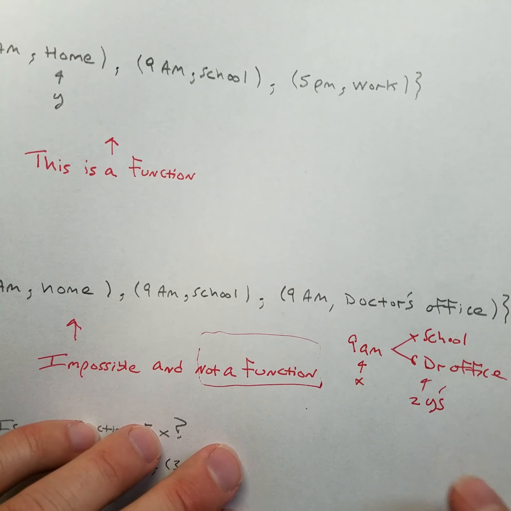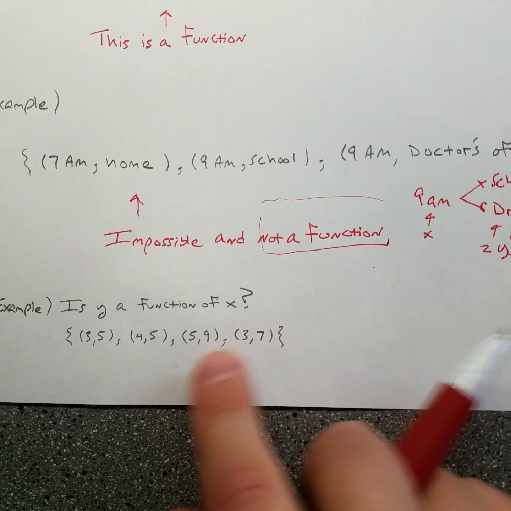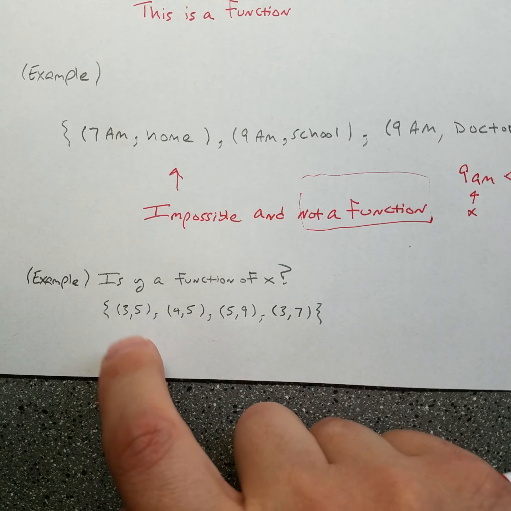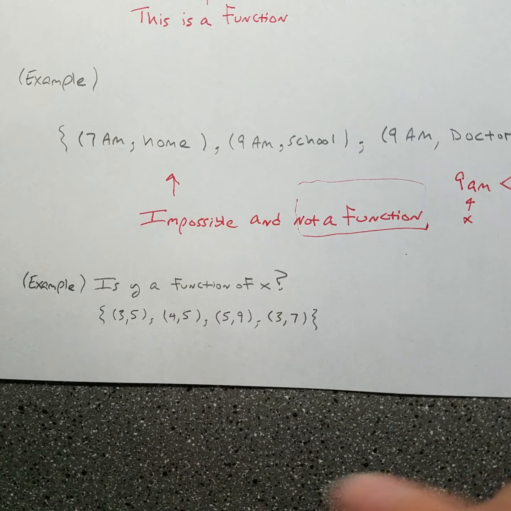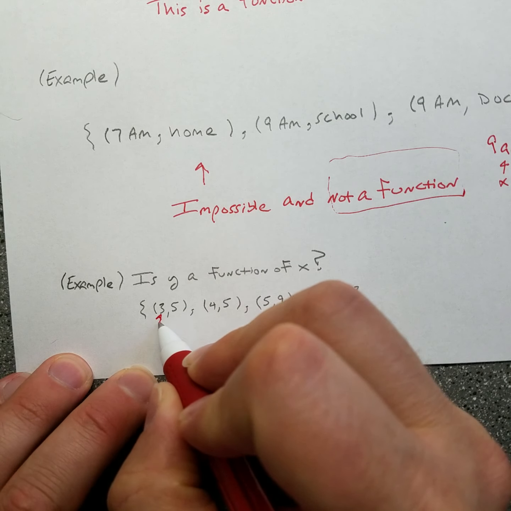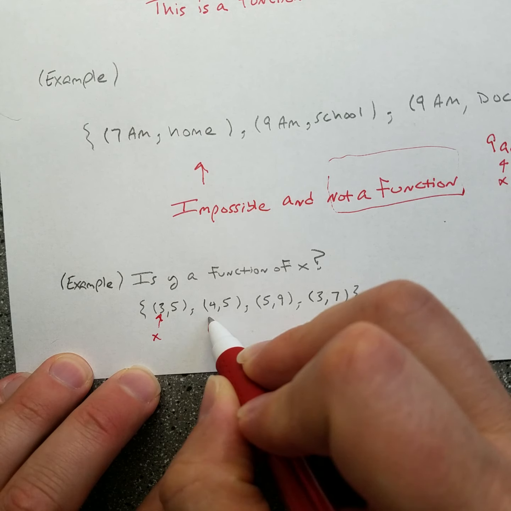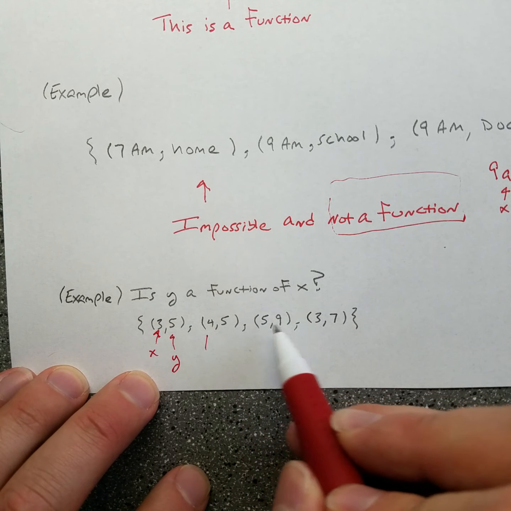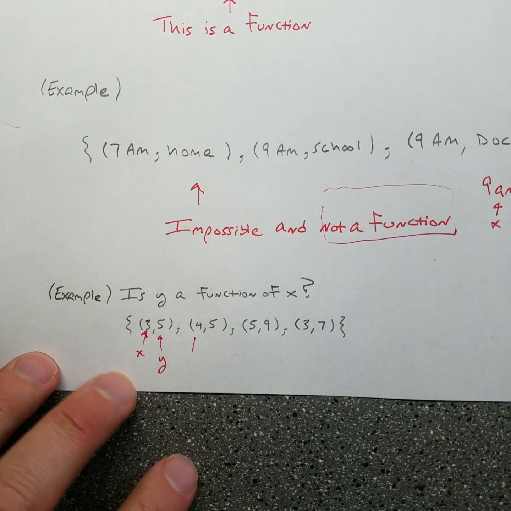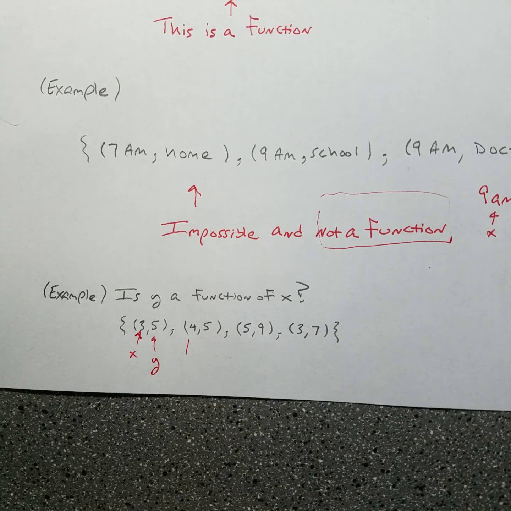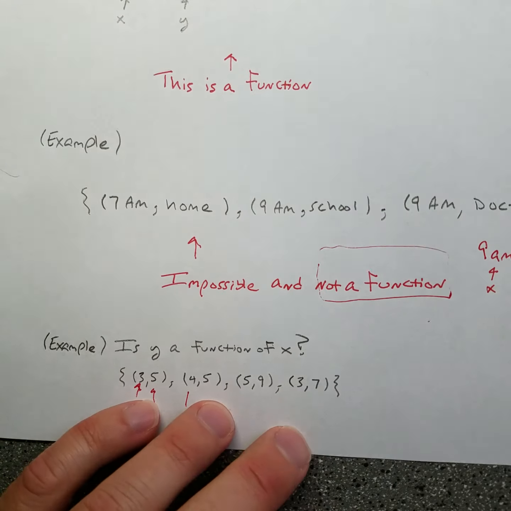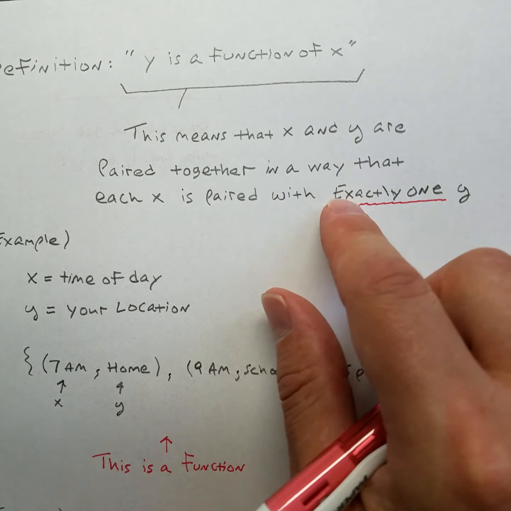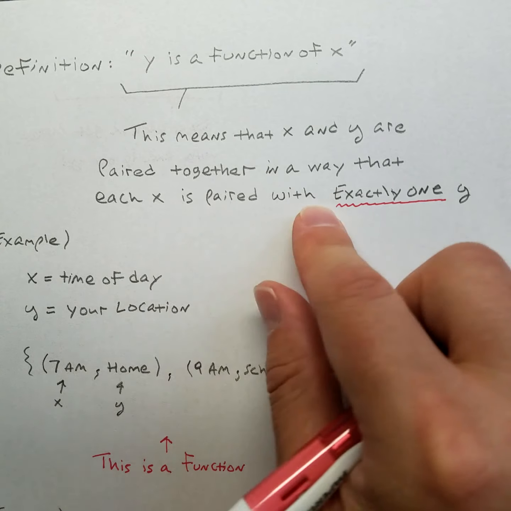Now, once you get the concept, it's not hard to answer the question. In a math book, you might see a question like this. It gives you a list of ordered pairs, where one number represents an x and the other number represents a y, and so on. Is it as simple as this: are the x's and y's paired together in such a way that every x is paired with exactly one y?